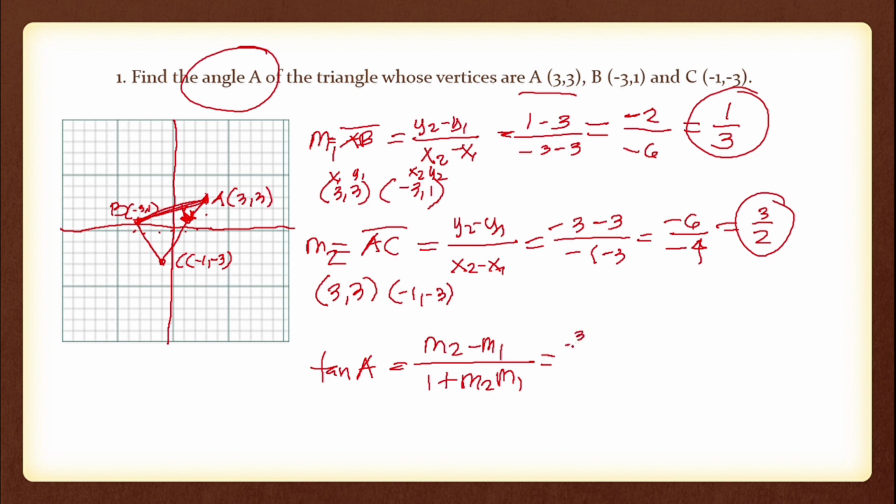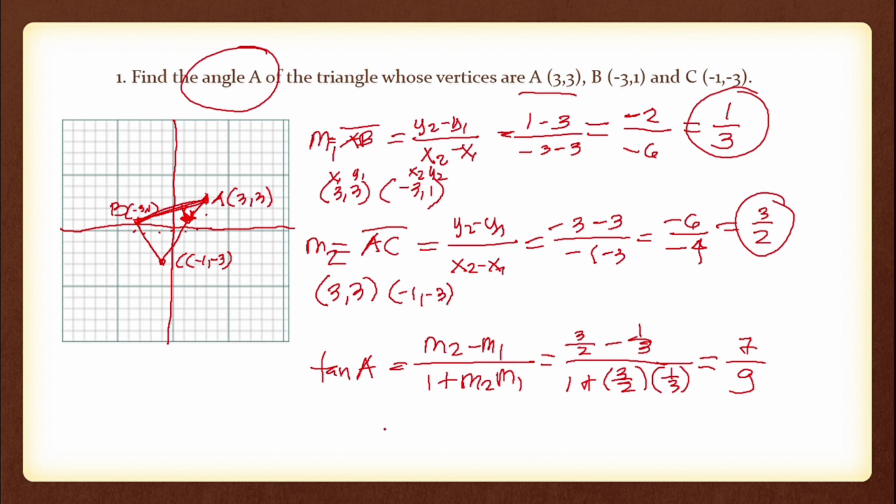So we have 3/2 minus 1/3 over 1 plus 3/2 times 1/3. If you compute that using your calculator, the answer is 7 over 9.